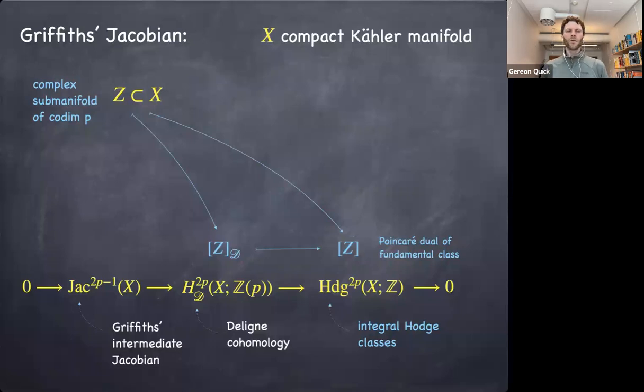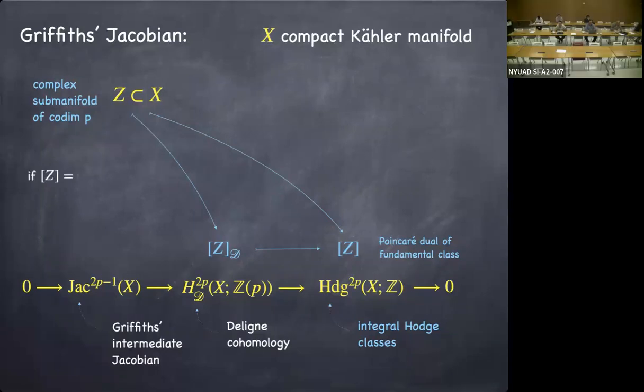Okay, so now you could ask, since we have our classes Z and ZD, is there also a corresponding class in the Jacobian? And the answer is yes.